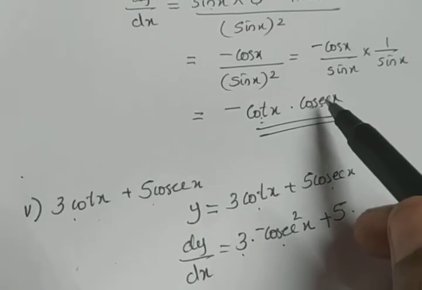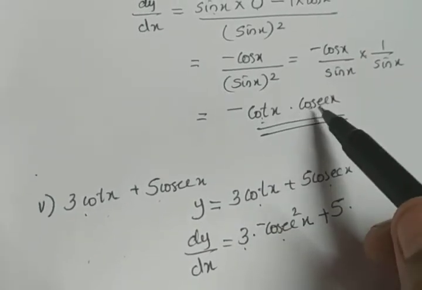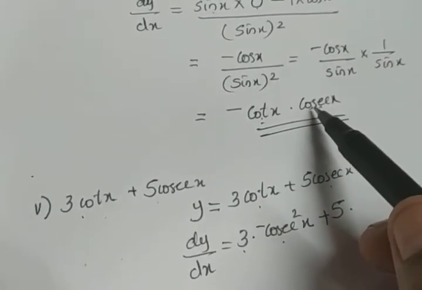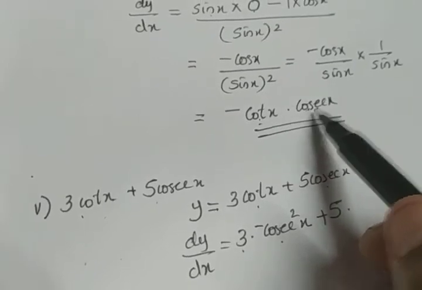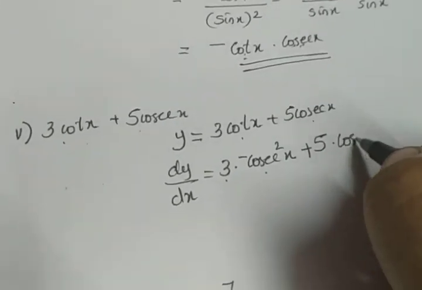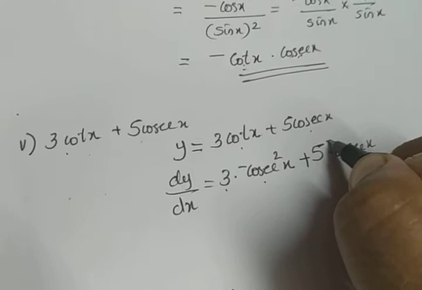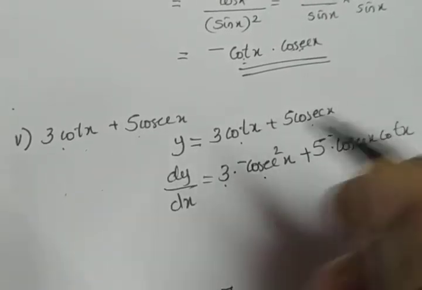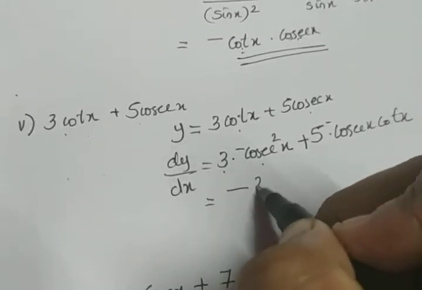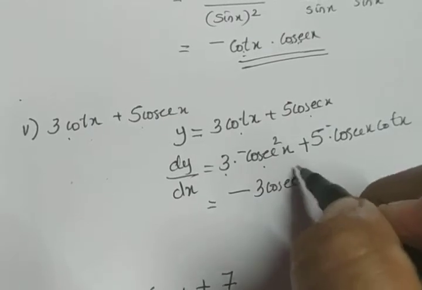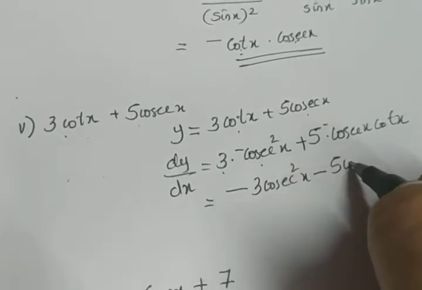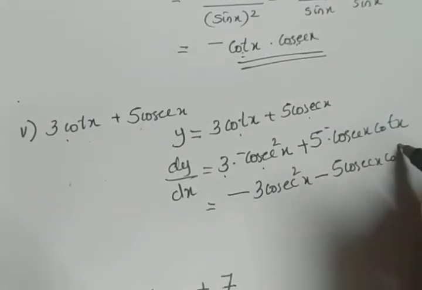We have done it in the previous question, and derivative of cosec x is minus cosec x into cot x. So for this question, we can directly apply the value. This can be rewritten as minus 3 cosec square x minus 5 into cosec x into cot x.